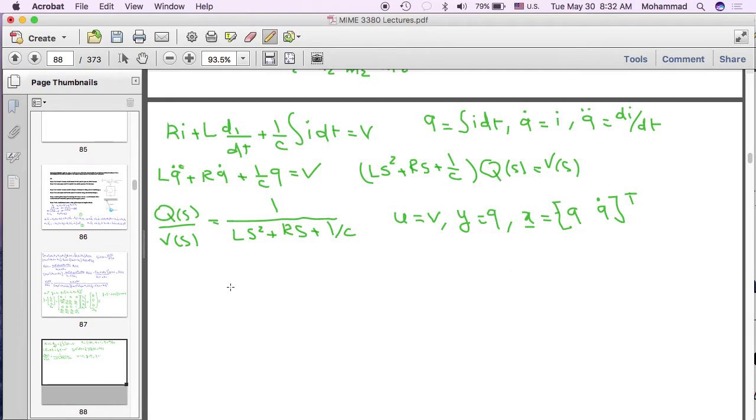Okay, now let's find that. So X dot is going to be a 2 by 2 matrix times X plus a 2 by 1 matrix times input. What is row 1 of matrix A?